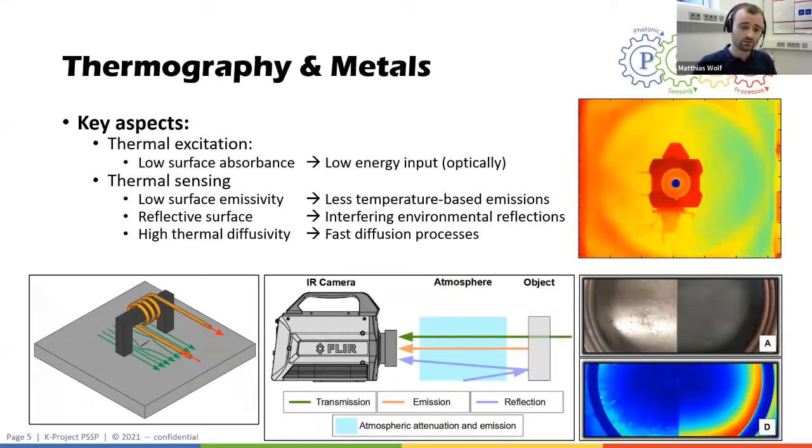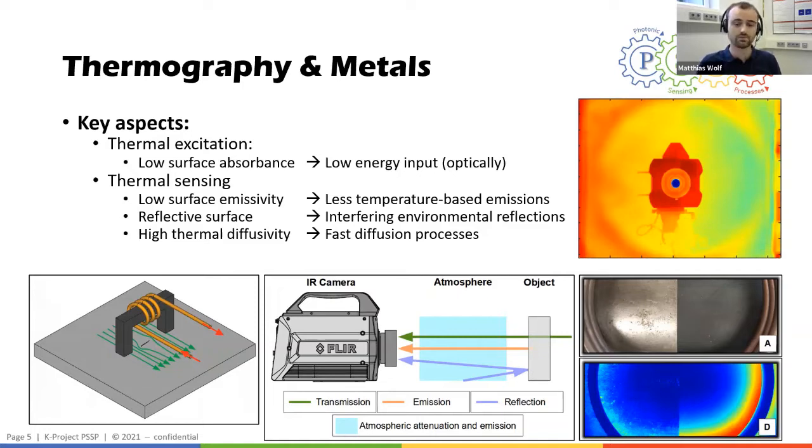However, as you may notice, the apparent temperature, or to be more precise, the measured infrared radiation, is larger at the coated side of the specimen, which is just due to the varying surface emissivity of the sample.